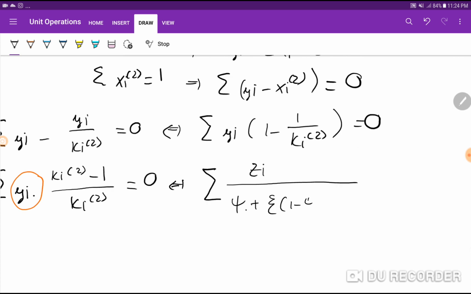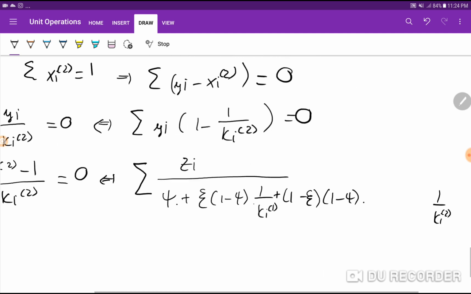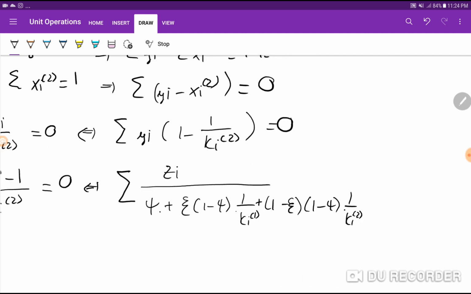Just do all of this: ki1 plus 1 minus epsilon, oh sorry, minus psi. I think the tablet gets tired of me too. Psi times ki2 times ki2 minus 1 over ki2 equal 0.